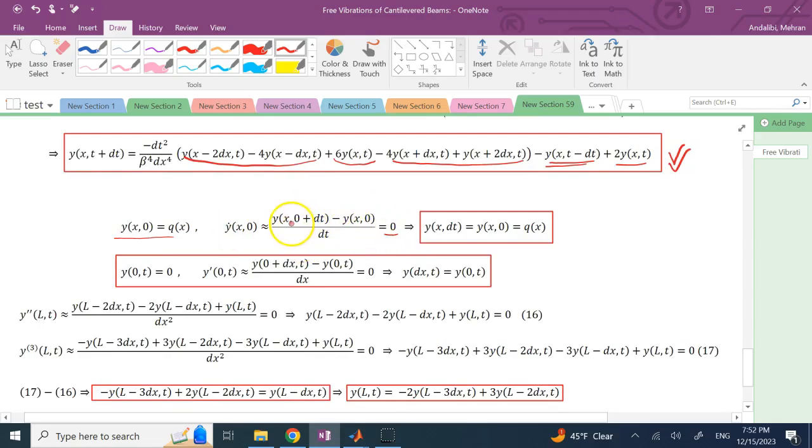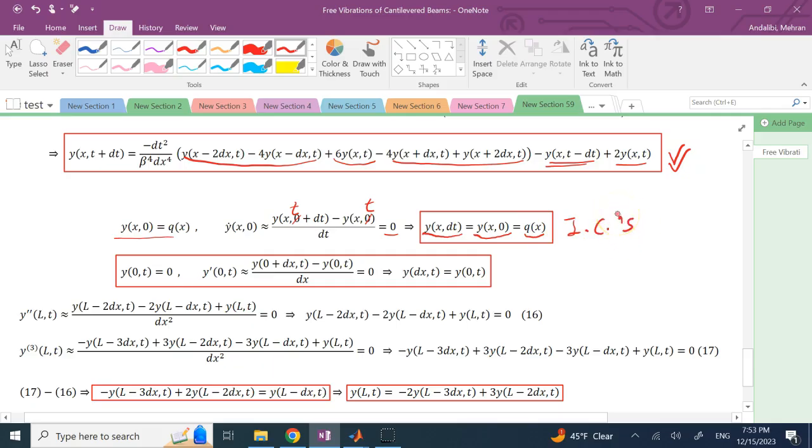If this is 0, and this is at t equals 0, then if you plug it in, the y at the second time point is the same as y at the first time point. The initial y's are equal to the y's at the next time point, and these are all equal to q of x. So these are your initial conditions.